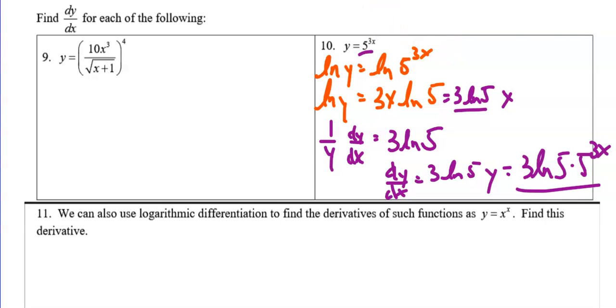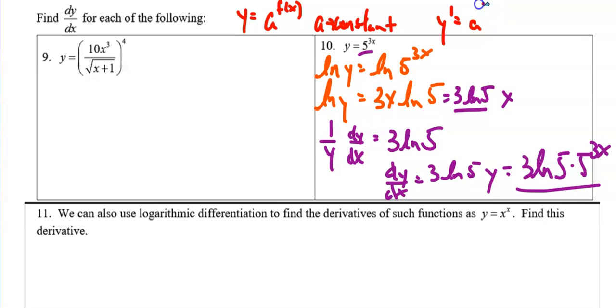So let me really quickly show you now the shortcut to this. The shortcut is the following. If you're taking a function that is some a, where a is a number, a constant, to some function f of x, then our derivative is going to be literally what you see there.